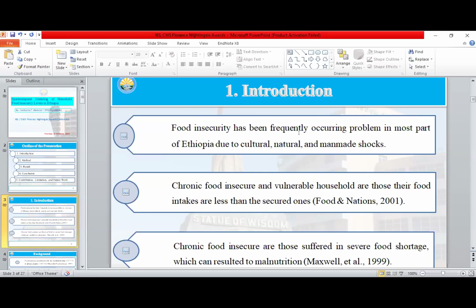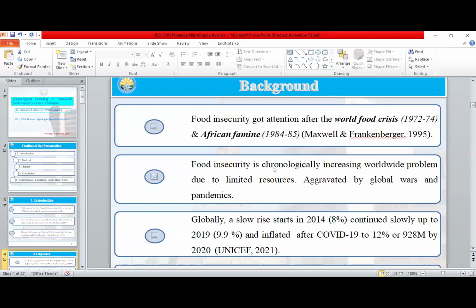Those households affected by these problems take less food compared to secured households, as the Food and Agriculture Organization reported. Particularly, chronic food insecure households are those who suffer severe food shortage, which can result in malnutrition, as Maxwell 1999.